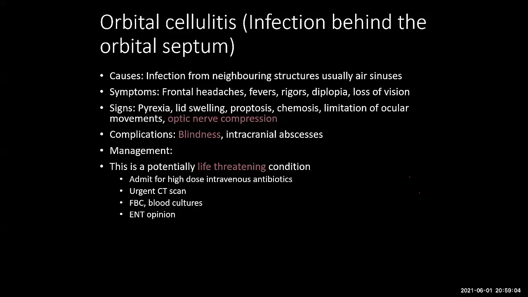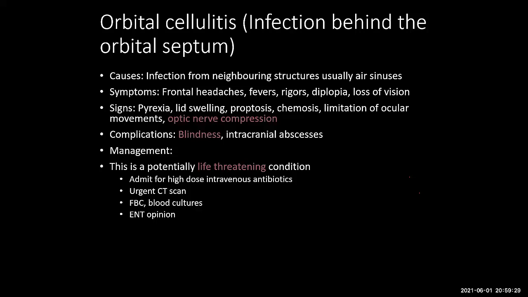Causes are usually secondary to infections around the eye. The structures around the eye are basically air sinuses, like the ethmoid and maxillary sinuses, which are usually the seat of the primary pathology. So infections can easily track from these sinuses to the orbital cavity.